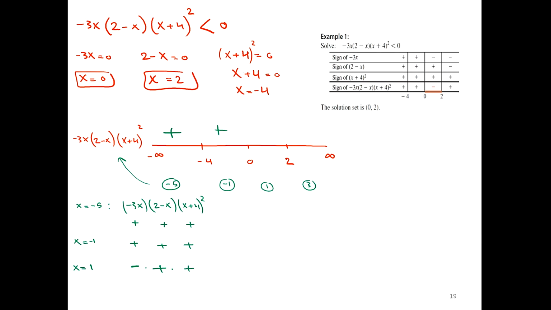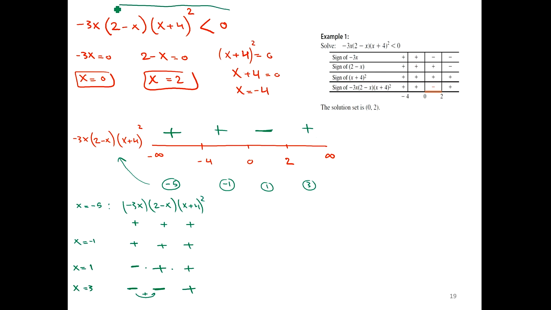Negative multiplied by positive multiplied by positive is negative. After substituting x equals 3, negative 3 times 3 is negative, and 2 minus 3 is also negative, and 3 plus 4 is 7, squared is 49, positive. Negative multiplied by negative is positive, multiplied by positive is positive.